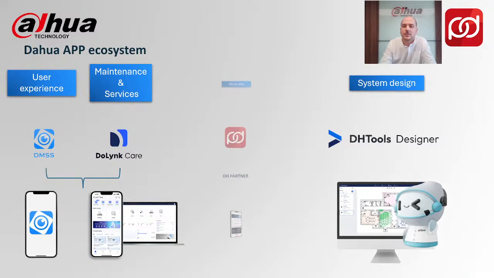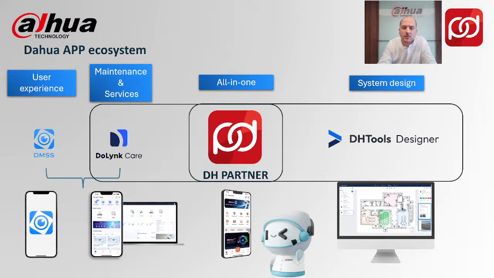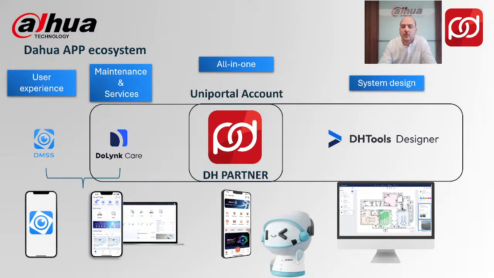But the highlight of the day is the Partner application, which is an all-in-one application that supports you in many different ways. And one thing you need to know: if you register one of our applications created for system integrators or installers, you will have a UniPortal account. That means you can use the same account name and password to log in to DoLynk Care, DH Partner, and DH Tool Designer as well.